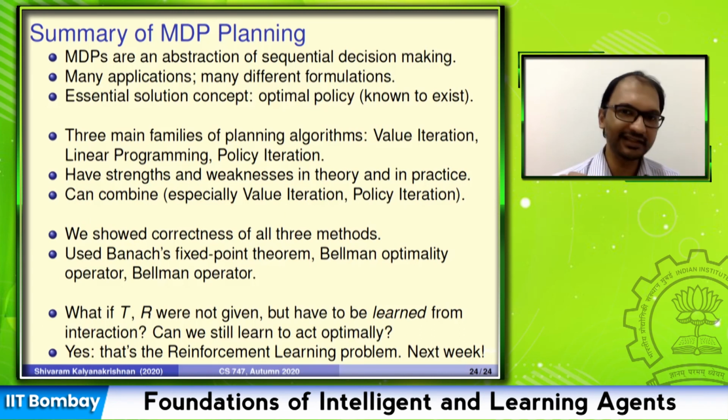Rather, the agent is allowed to take an action from a state and see where it lands. It's interacting with an MDP where the next state will be drawn according to the transition probability function, but the agent just gets to see the next state. It does not get to see the underlying probability with which the next state was generated.